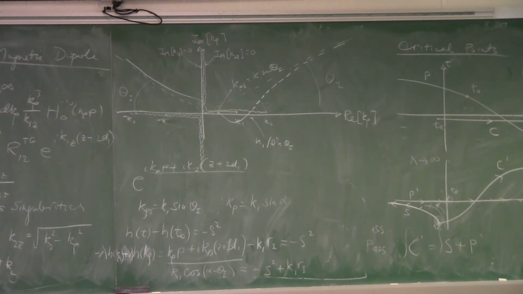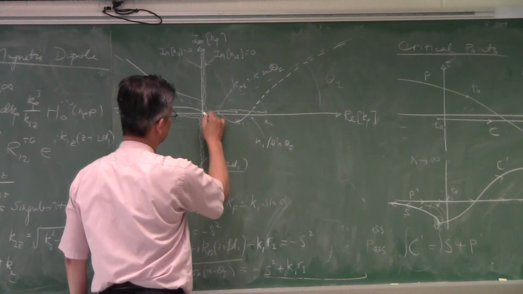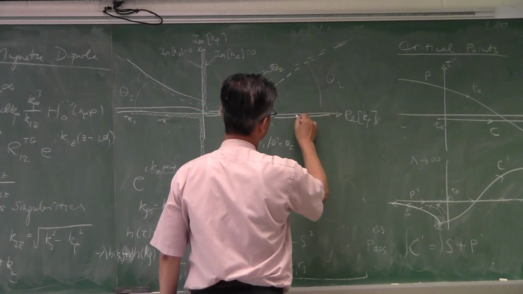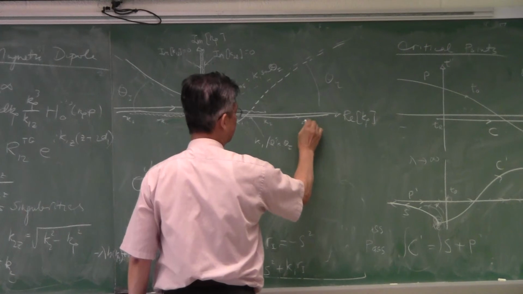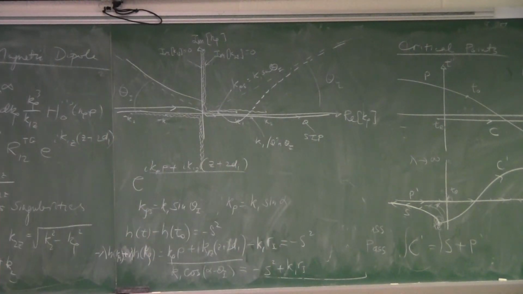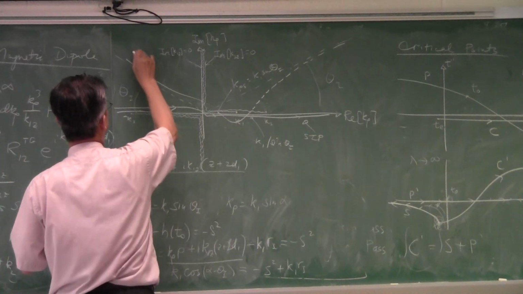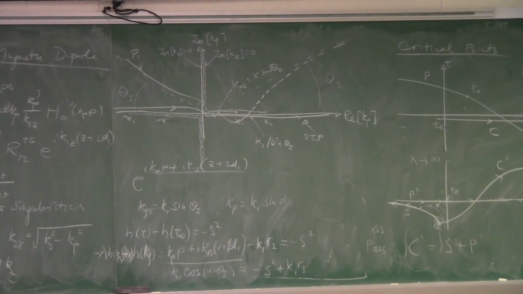How can we deform the original path, which is a Sommerfeld integration path? This is the SIP. How can we deform the SIP to this, what I call the constant phase path 1? Okay, how can I deform that?